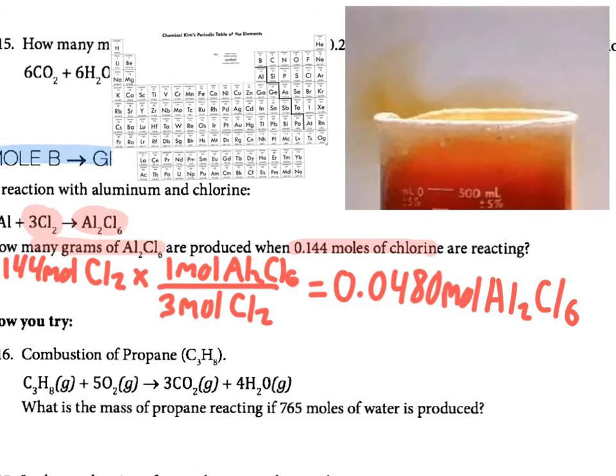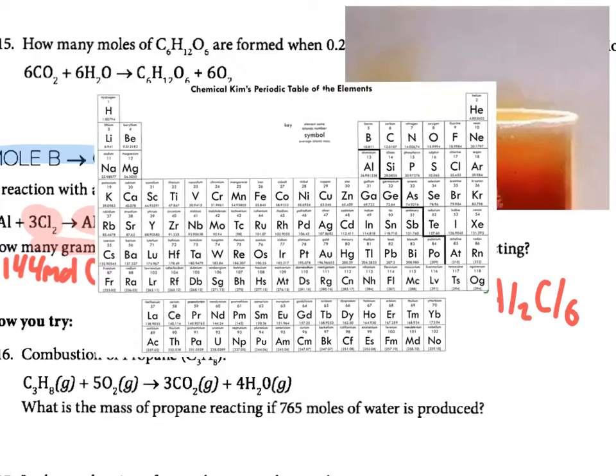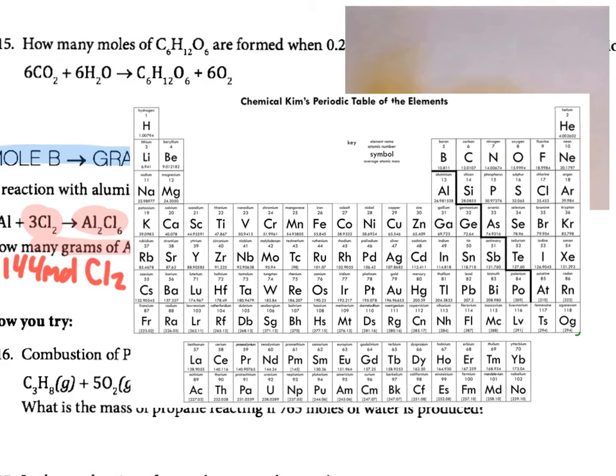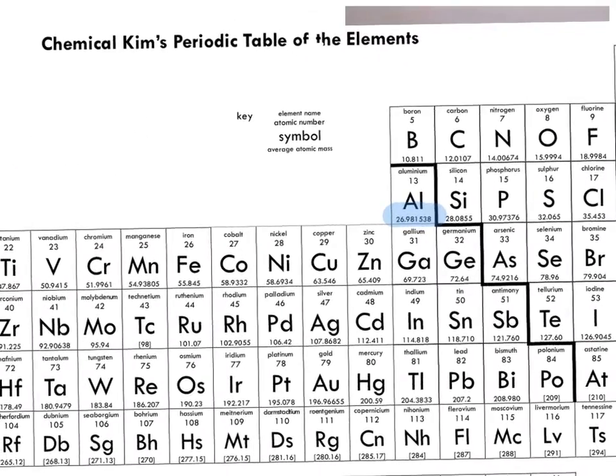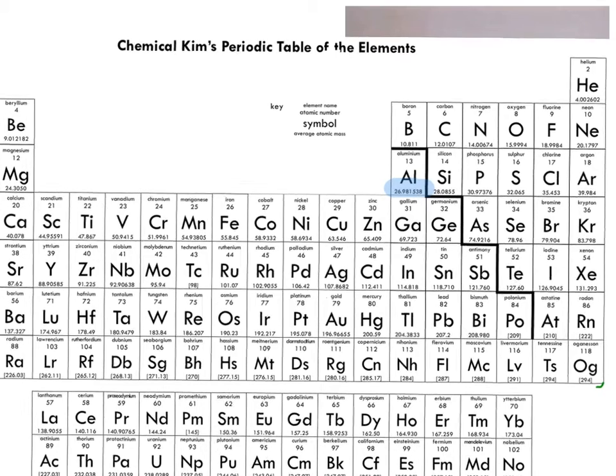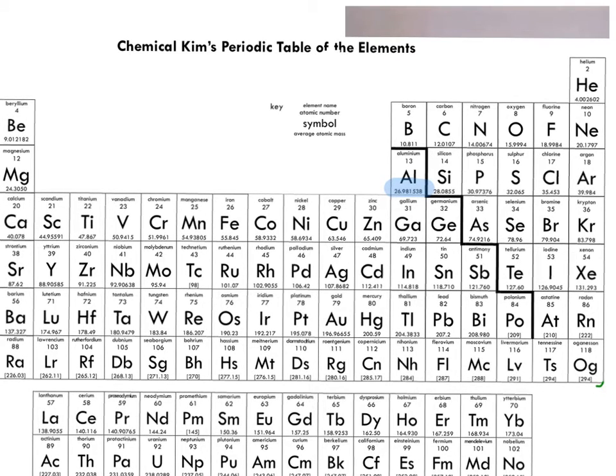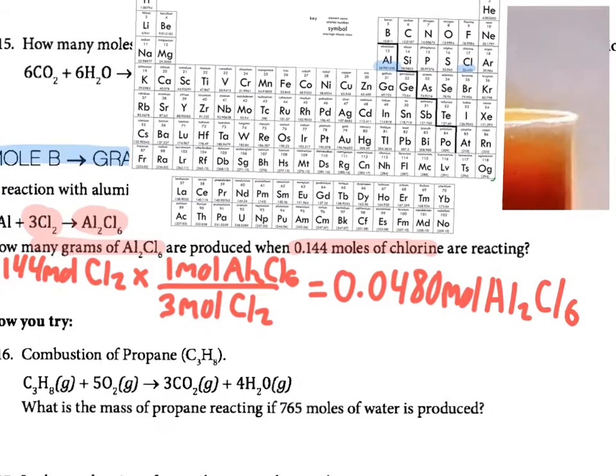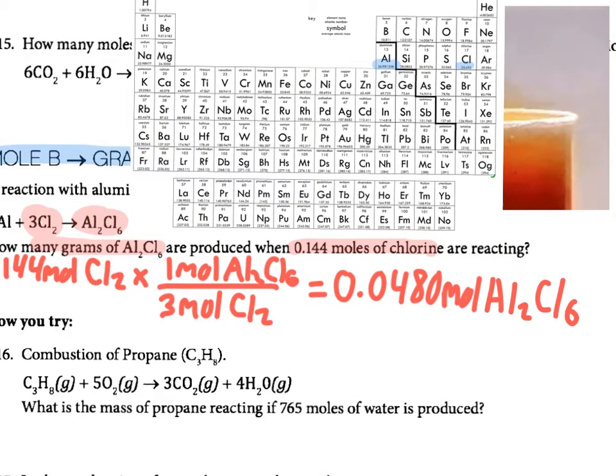I actually need the periodic table, and I need molar masses. And the molar masses I need are of the Al2Cl6. So I need to look at the atomic mass of my aluminum, which is 26.981, and the atomic mass of my chlorine. Add that together to get my molar mass of Al2Cl6 so I can do the next step.